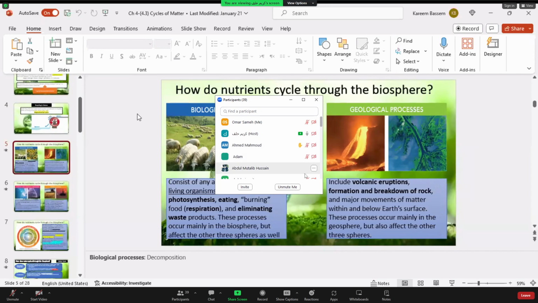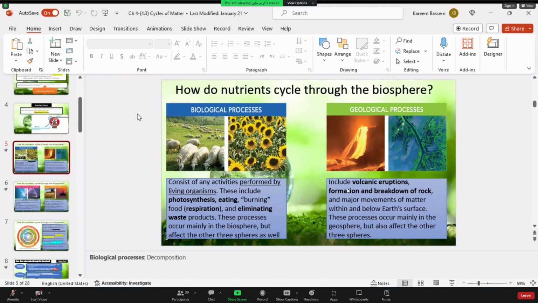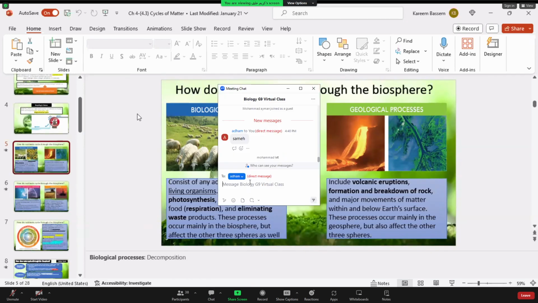No, it doesn't. There is no difference here. The biogeochemical cycle or process splits into different processes. This is why it's called biogeochemical from its name.